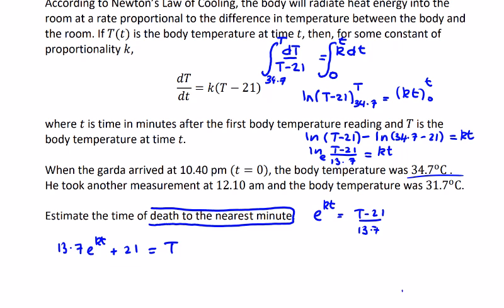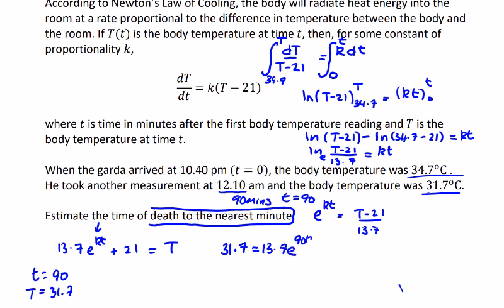So what else are we told? We're told this information here about the 31.7, and that's 90 minutes later. So t equals 90. So when t is equal to 90, we can say that big T temperature is 31.7. So that will enable us to get the unknown that we have in our equation, k. So 31.7 equals 13.7 e to the power of 90k plus 21.